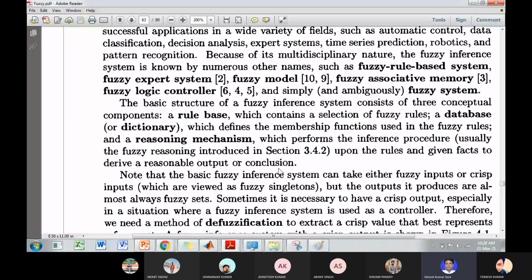So this will work as the base for making the membership functions. What are the ranges of membership functions? What are the overlap ranges? What is the linear dependency of input and output? And based on that, we will make the membership functions. Okay.